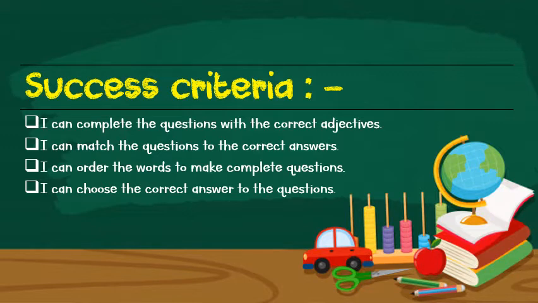I can order the words to make complete questions. 4. I can choose the correct answer to the questions. It seems like there are many success criteria, but don't worry, the exercises will be an easy one for you.